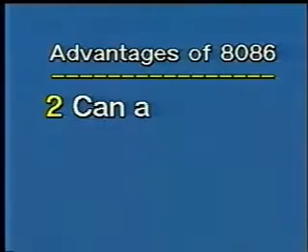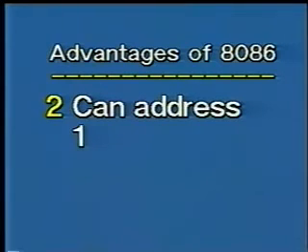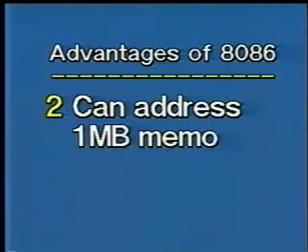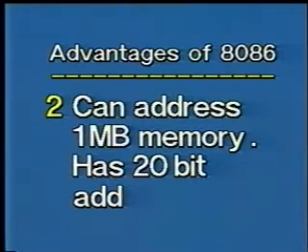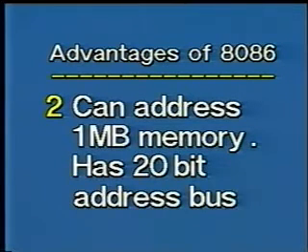The second advantage of 8086 over 8085 is the capability of addressing 1 megabyte of memory as compared to 64 kilobytes in 8085. This is possible as 8086 has a 20-bit address as compared to a 16-bit address in 8085.